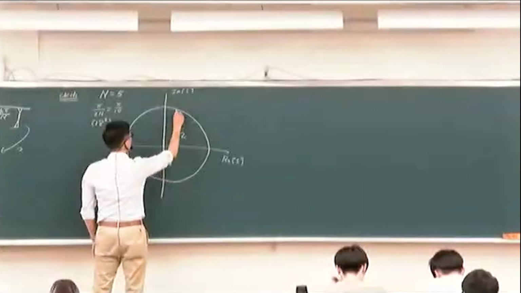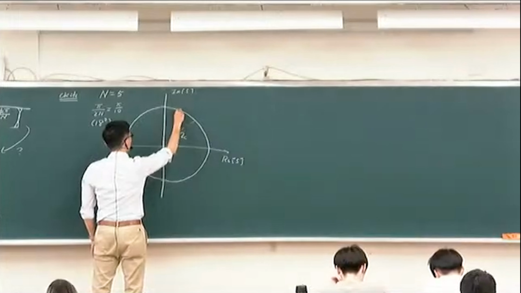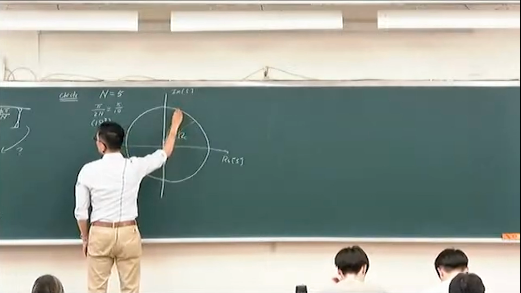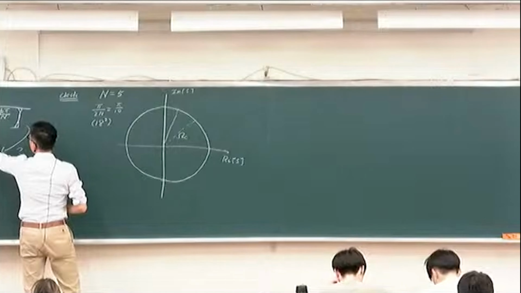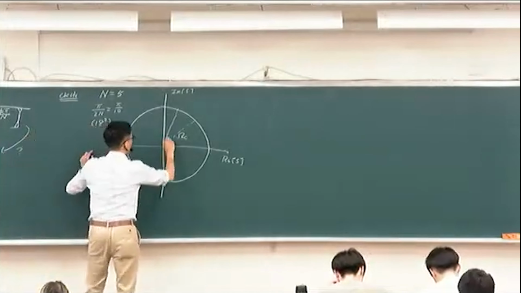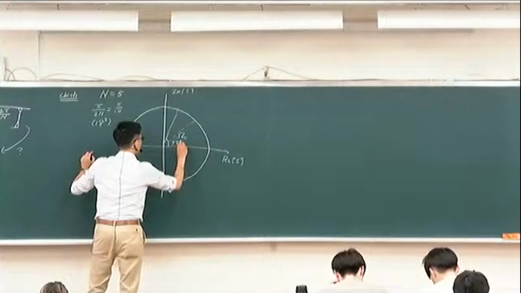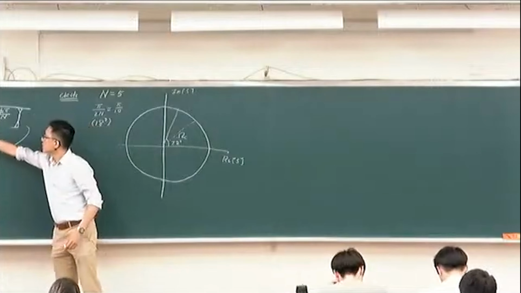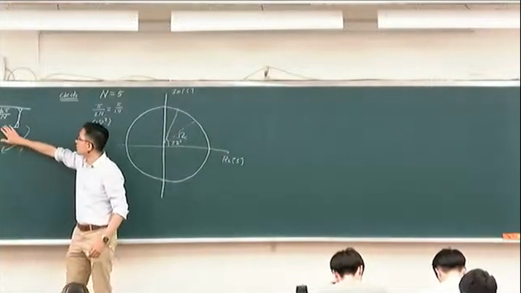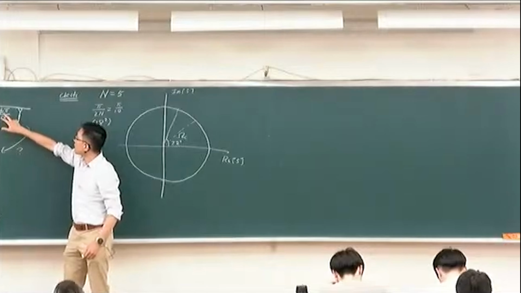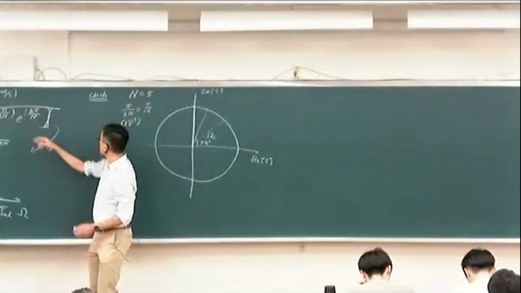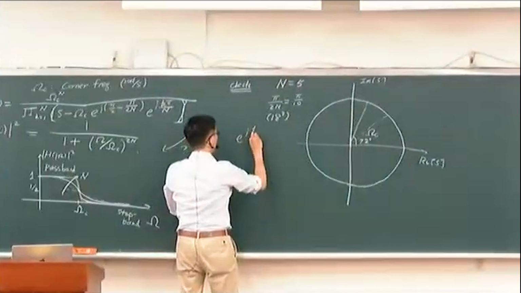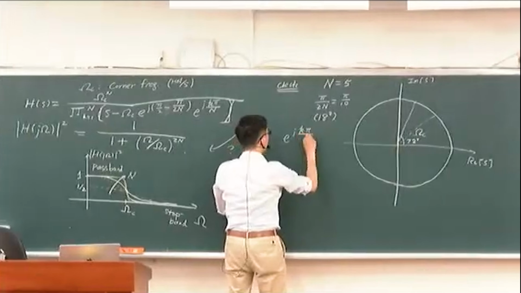So let's take a look. That's going to be 18 degrees roughly here, I suppose. So that's e to the j 90. Anyway, that's this term right here. But then we now have a product. This big term right here is multiplied by e to the j k times pi divided by n.